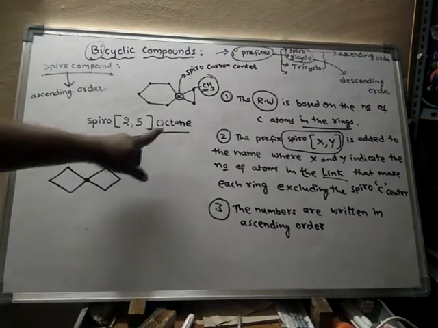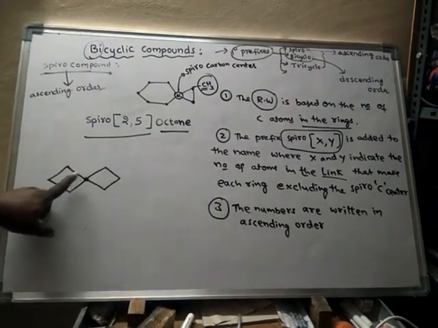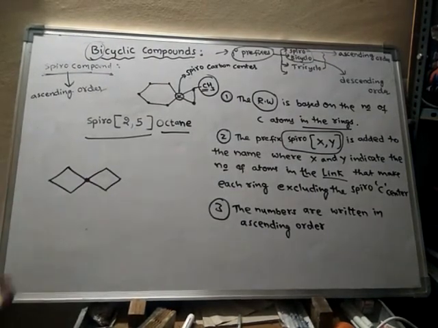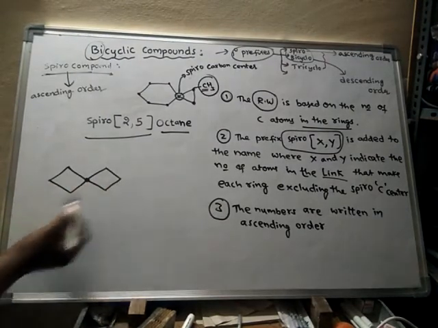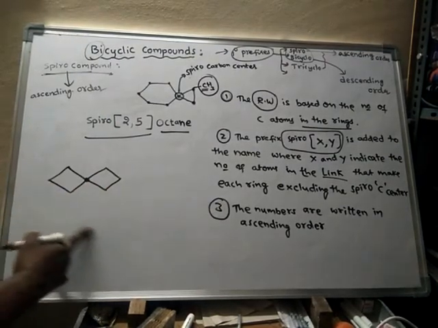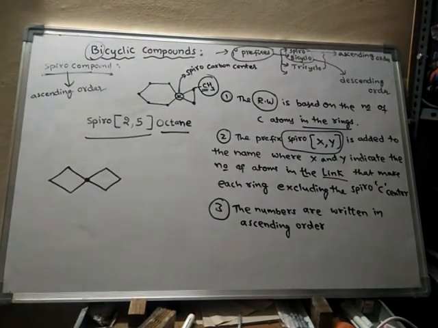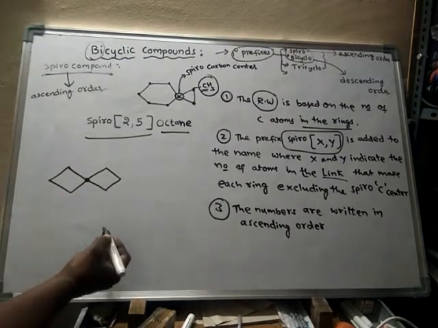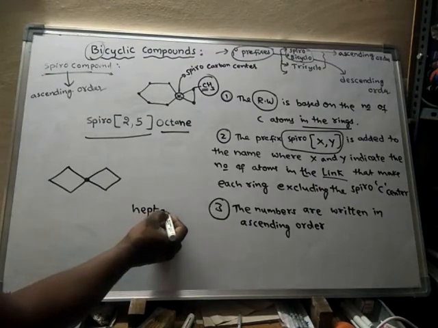But for the parent compound, we have to include all the carbons present in the rings for the root word. So how many carbons are there? 1, 2, 3, 4, 5, 6, 7. Hence it is heptane.